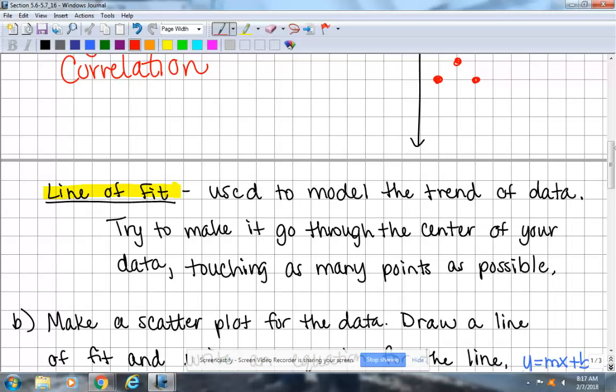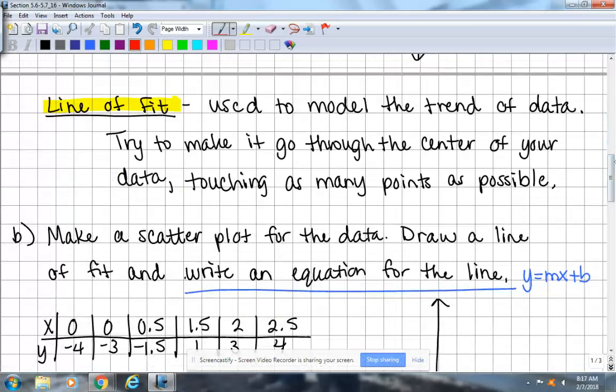So we want to try to get as close to the middle of our data as we can, or if they're really close together, try to touch as many with a straight line, not a jagged line. You don't have to write these directions for problem B if you don't want to.